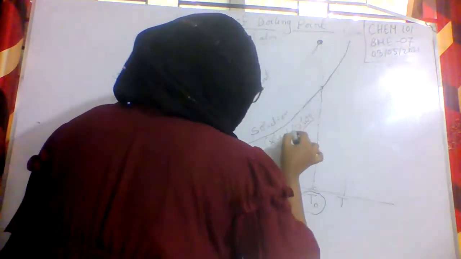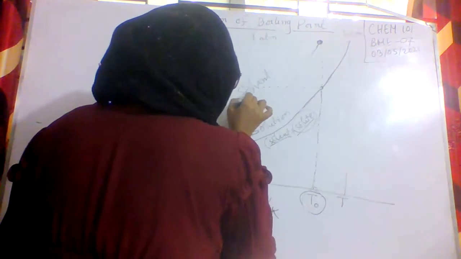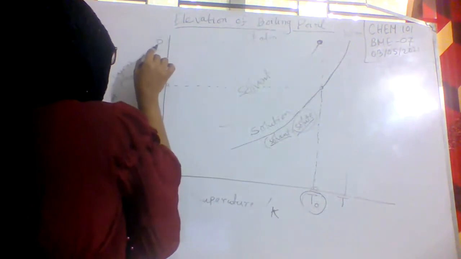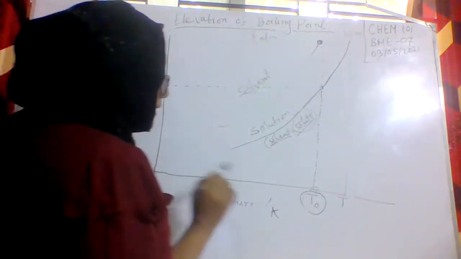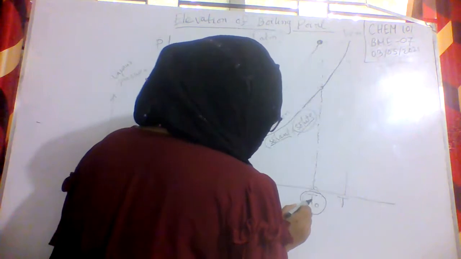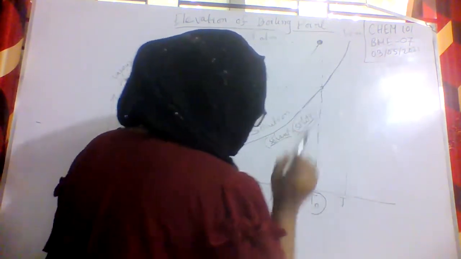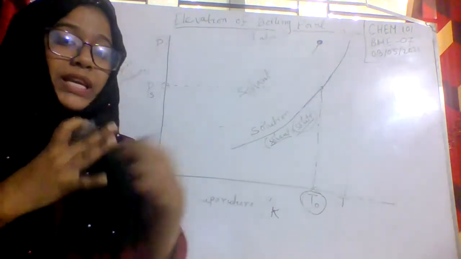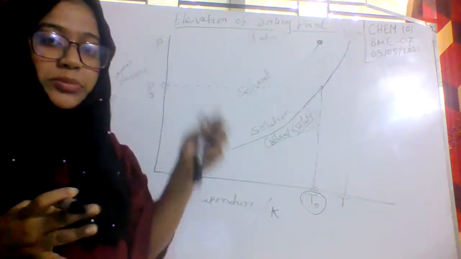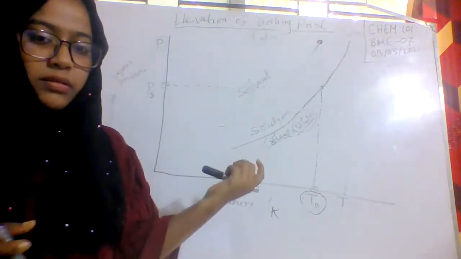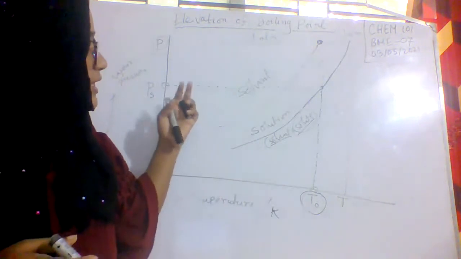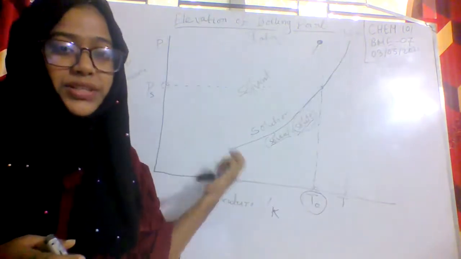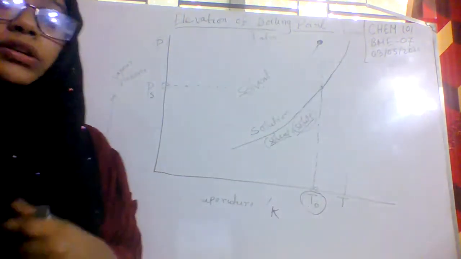When we add some solute to this solvent, the vapor pressure is decreased from P to PS, and the boiling point is increased from T naught to Tb, right? Yes. So can you make some relationship between elevation of boiling point and lowering of vapor pressure here? This curve shows the relationship between the elevation of boiling point and the lowering of vapor pressure.